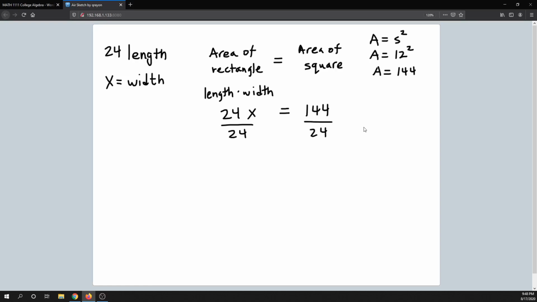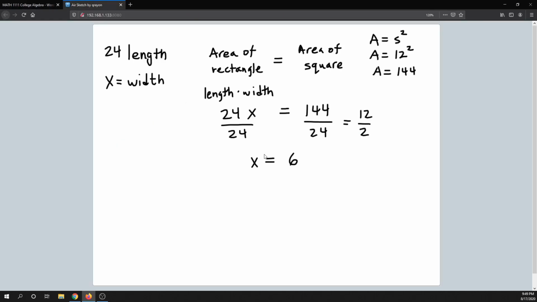And so we get x equals, let's see, 144 over 24. 12 goes into 24 two times, and 12 goes into 144 12 times. And so 12 divided by 2 is 6. So we get the width is 6.